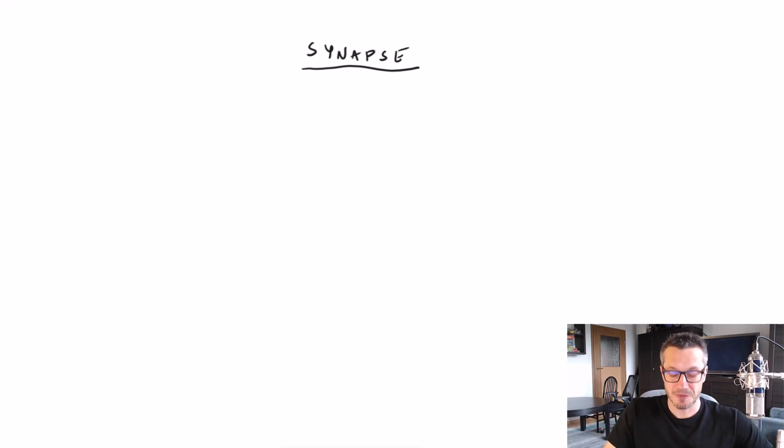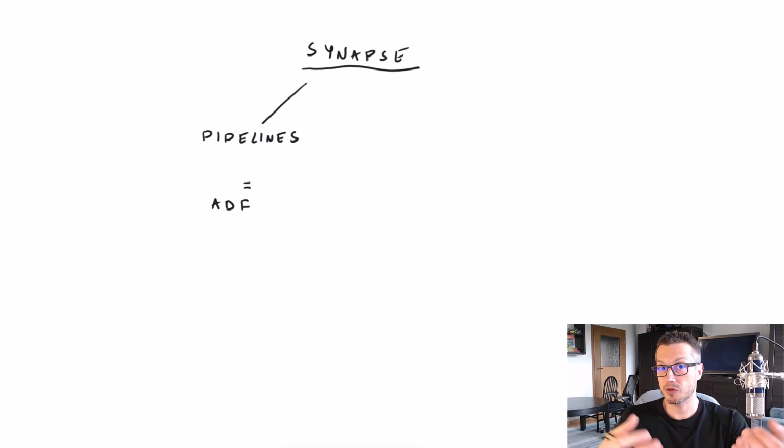And what we know already that exists in Synapse are, for example, pipelines. So we've got pipelines, which is basically the same as Data Factory. And pipelines can be used to orchestrate the whole processing or to just ingest the data. That's the place where they fit very well.